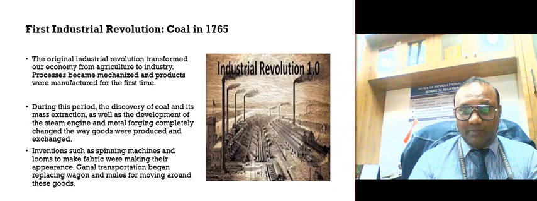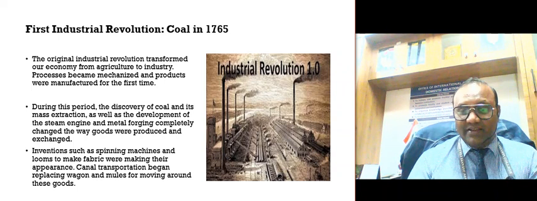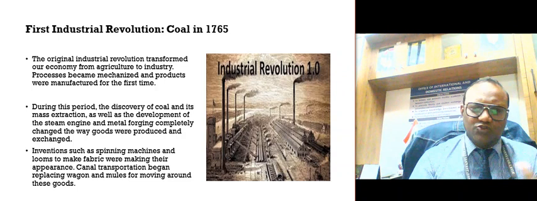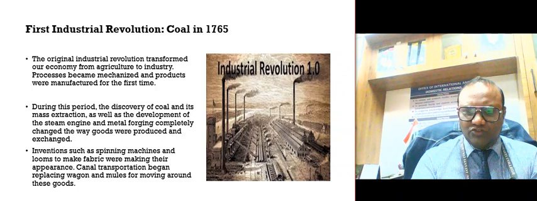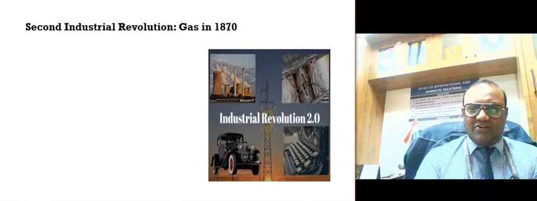Inventions like the spinning mill, the looms, and canal transportation were all considered very revolutionary at that age. Factory owners started looking at how some of these developments happening around them could benefit their factories.